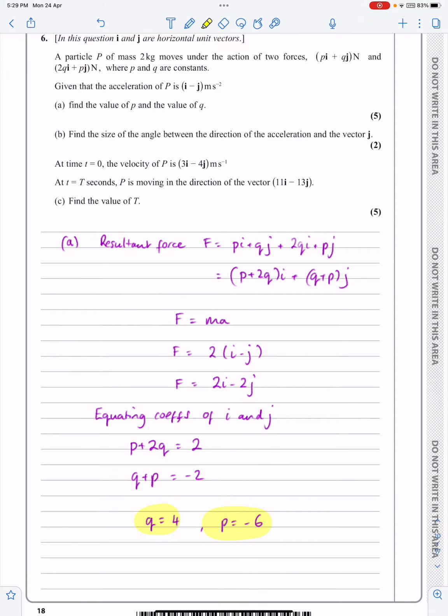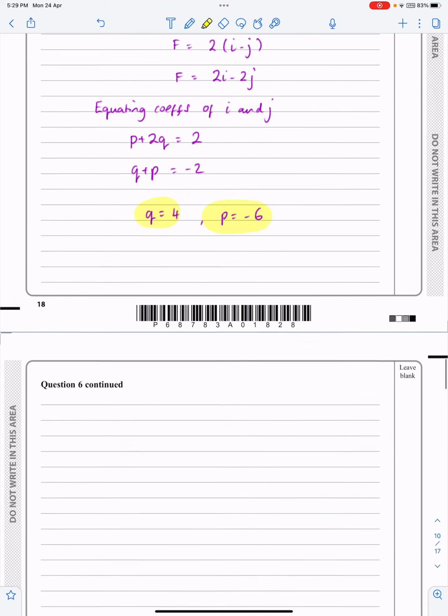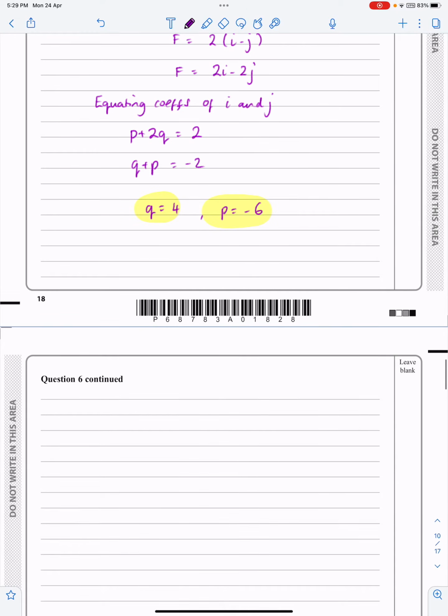Then says for part B, find the size of the angle between the direction of the acceleration and the vector J. So we've seen ones like this before. Let's just draw out a very basic diagram that I've got the vector J, I know is going in that direction, and the acceleration was I - J. So I - J is going to look like that.